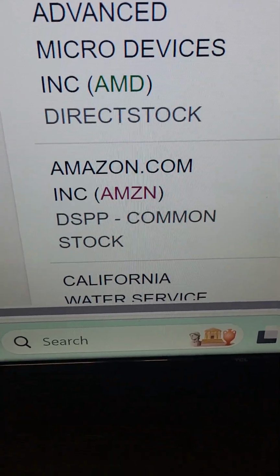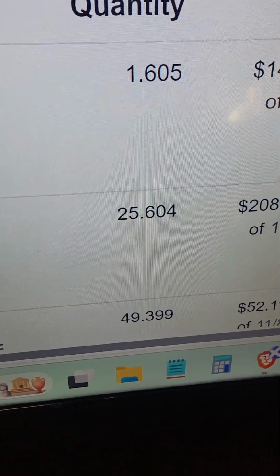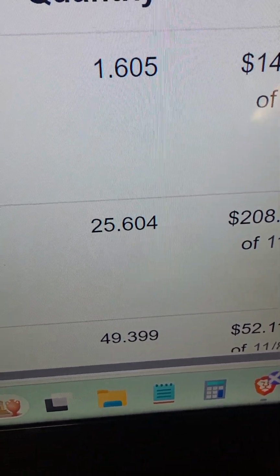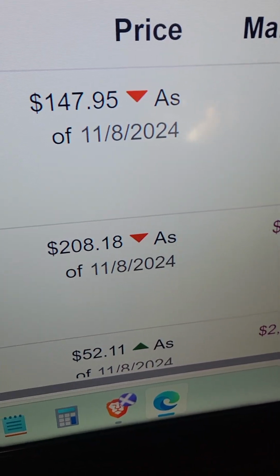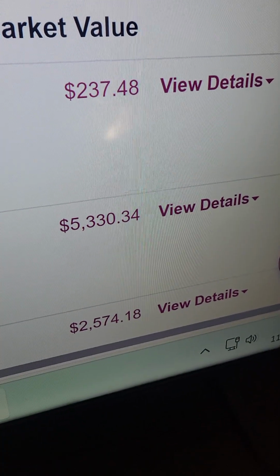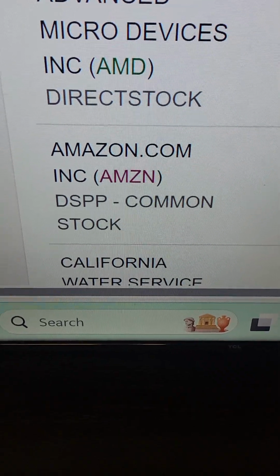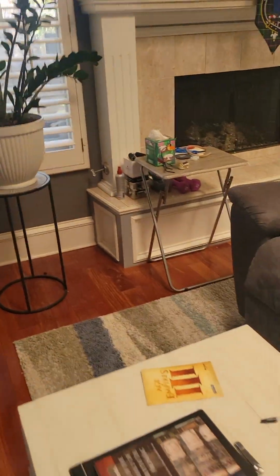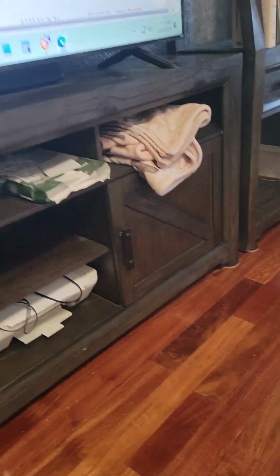Amazon is our next stock, ticker symbol AMZN. We have a total of 25.6 shares in there, $208.18 per share. And that's its market value, $5,332.34. Next one below that is California Water, which is CWT, but I'll put the cursor down so you can see it.